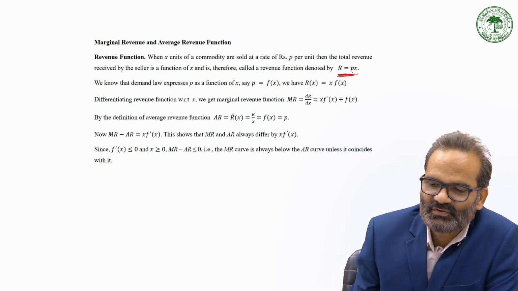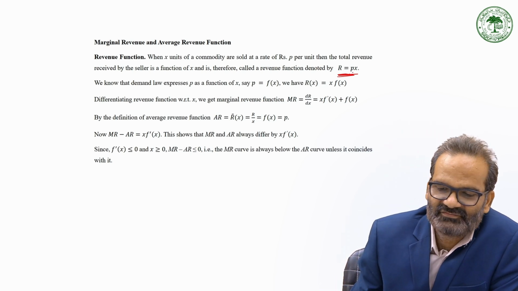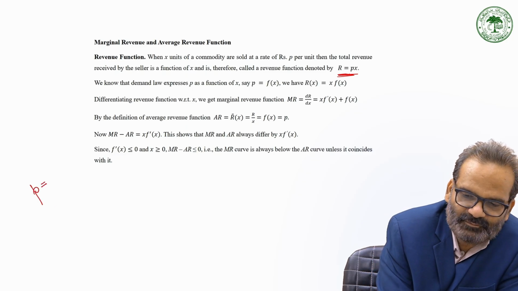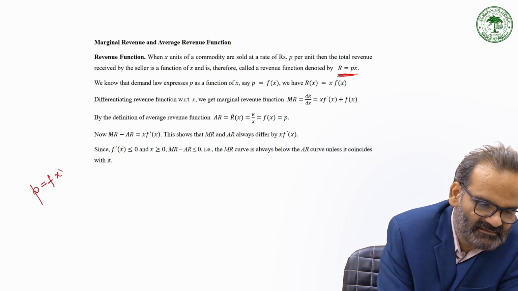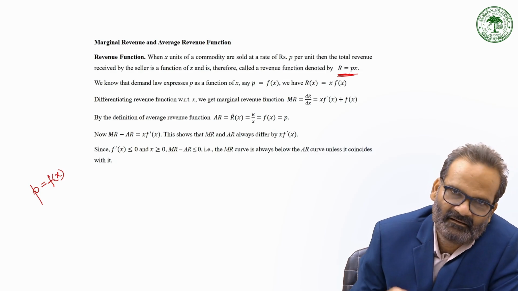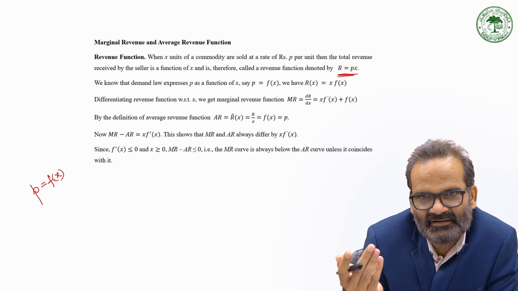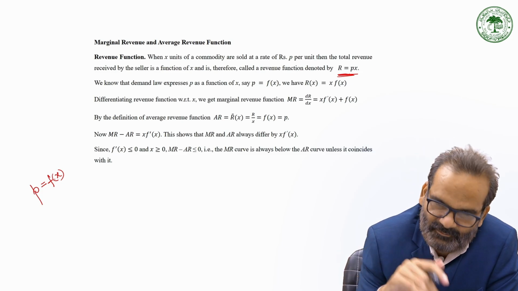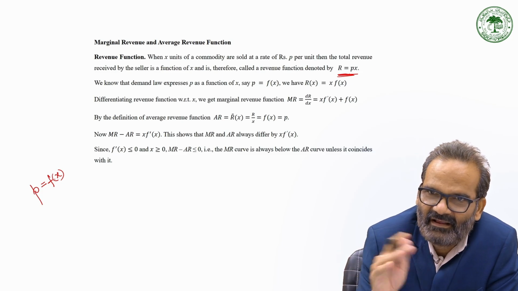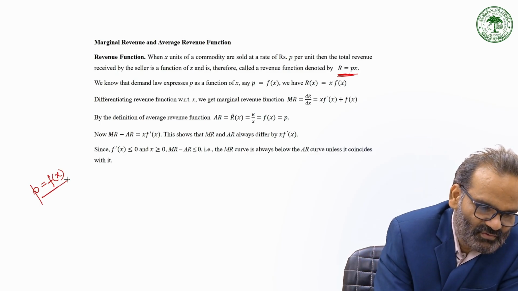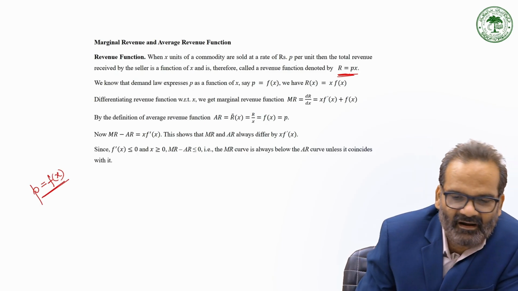We know from the demand law, P is equal to f(x). Demand law means price depends upon the quantity demanded in the market. Whenever the quantity demanded in the market increases, the price will decrease accordingly and vice versa. So P is equal to f(x). This is known as the demand law or demand function.